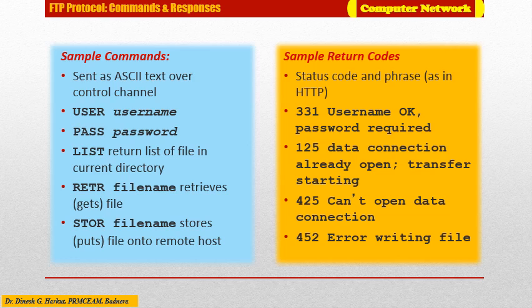In order to delineate successive commands, a carriage return and line feed end each command. Each command consists of 4 uppercase ASCII characters, some with optional arguments. There is typically a one-to-one correspondence between the command that the user issues and the FTP command sent across the control connection.